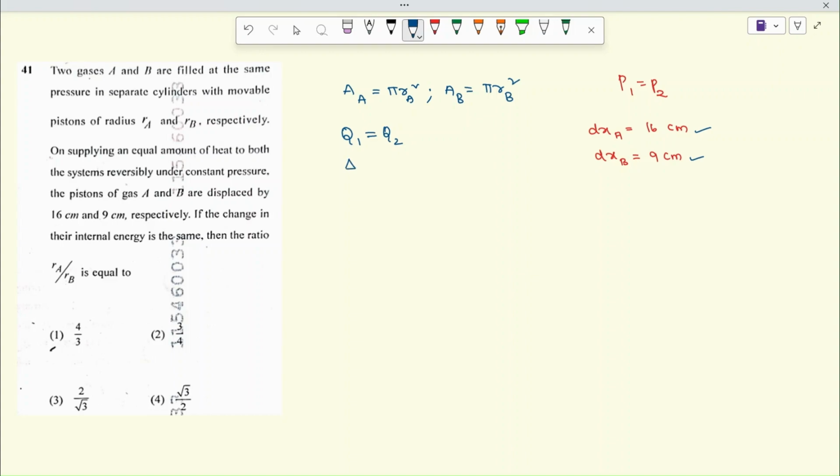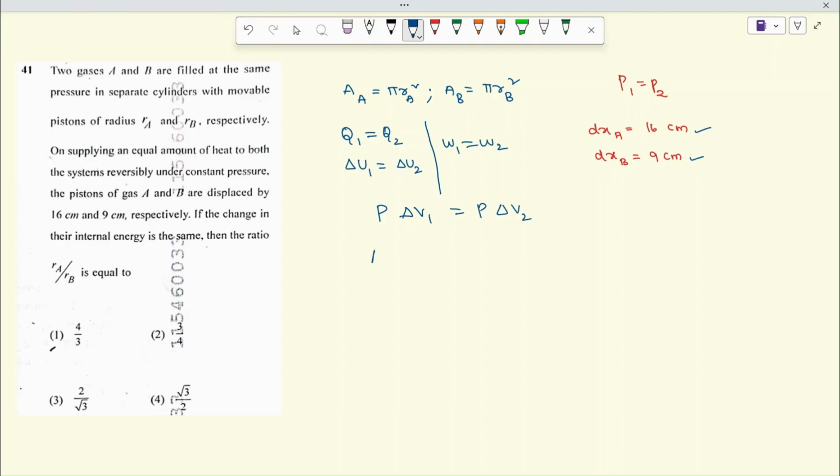See, the internal energy change is also the same, which means heat is the same and change in internal energy is the same, which means work done is the same in both. So P into ΔV1 is equal to P into ΔV2, change in volume. Pressure is also the same on both sides.